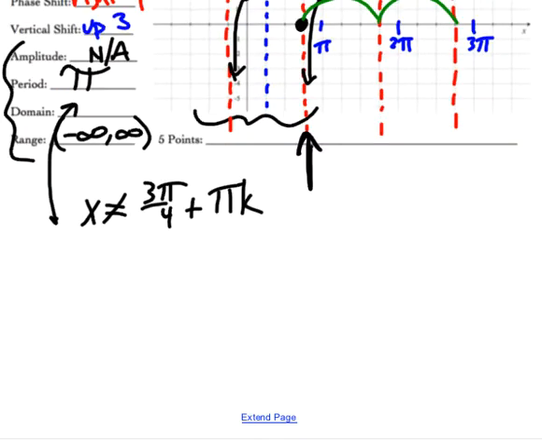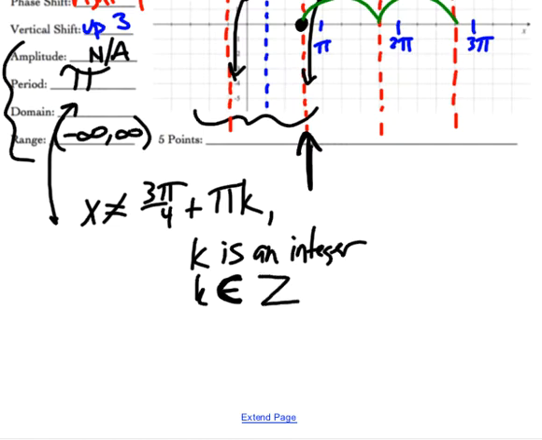And then I'm going to define what k actually is. Again, we can do that one of 2 ways. We can say k is an integer, meaning that it can be positive whole numbers, negative whole numbers, or we can say that k is contained in the set of all integers, which is this Z symbol that we talked about in class.